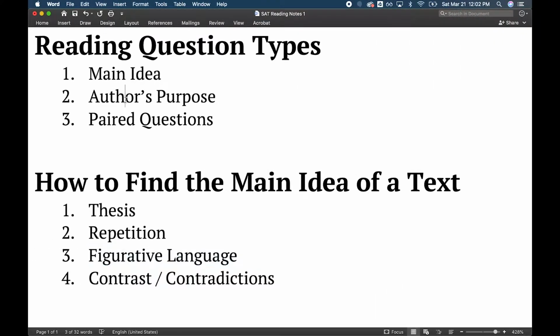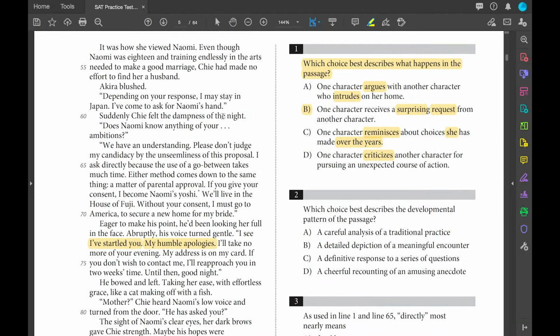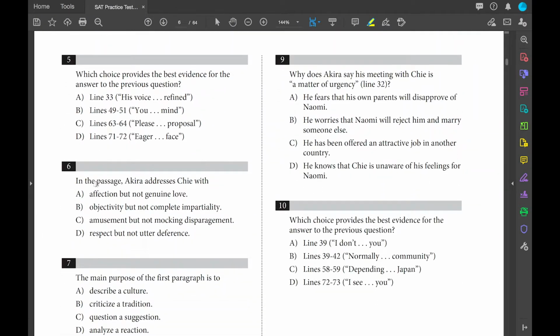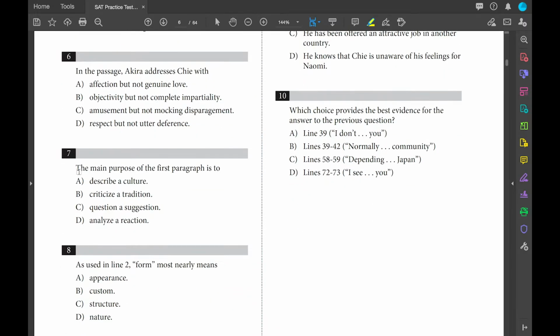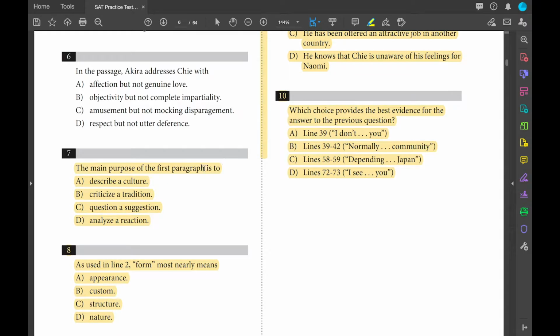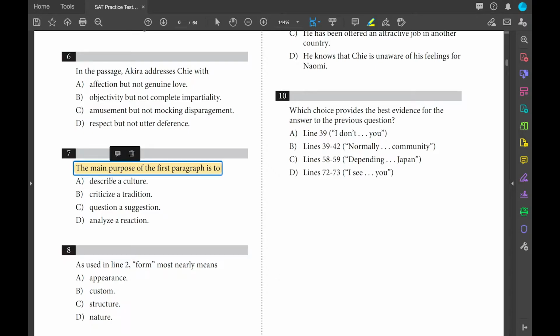All right, so next up, author's purpose. I can't stress this enough. For the author's purpose, just tie it to the main idea. So author's purpose questions are like number 7. The main purpose of the first paragraph is to... So if it's going to say the main purpose, you know it's going to be a main idea question.